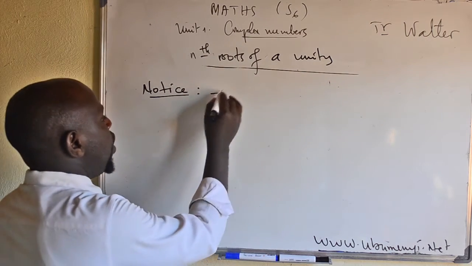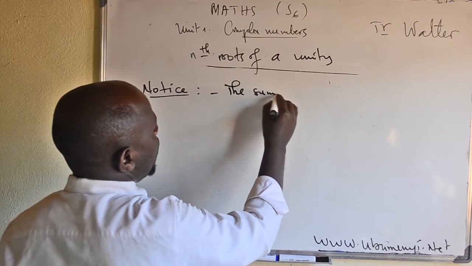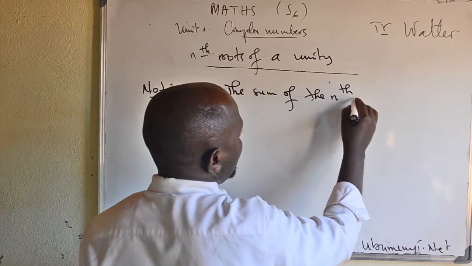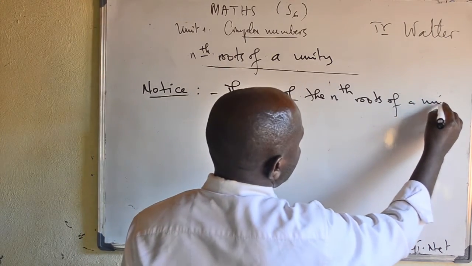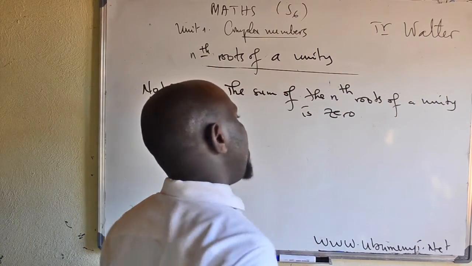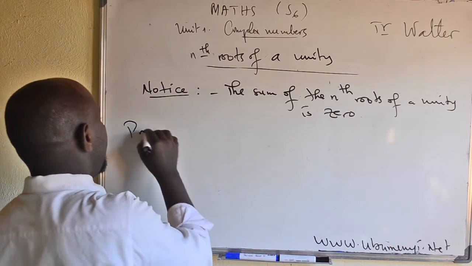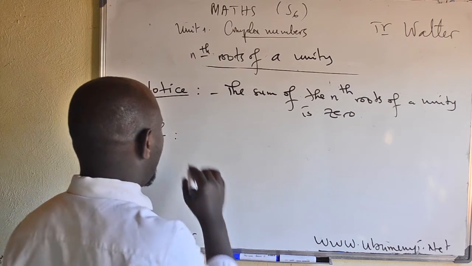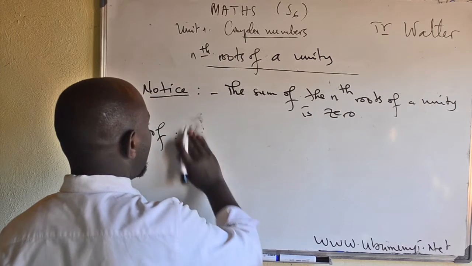What do we notice? We shall notice that the sum of the nth roots of a unity is always 0. So if we add them, you must get 0. We can prove it. Remember the third roots of unity.